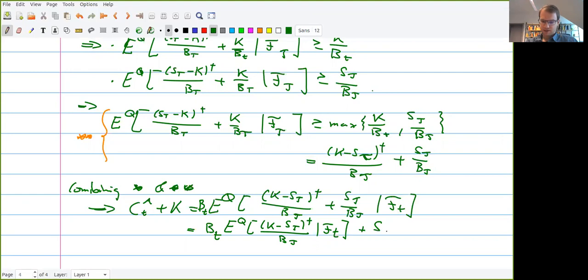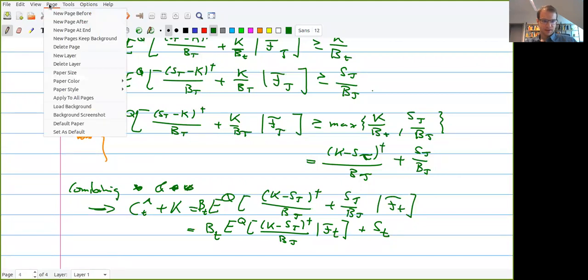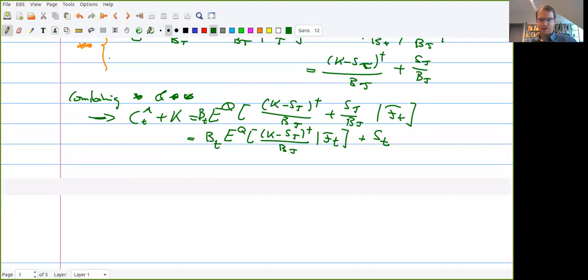Right. And now I recall where we started today in the lecture. Well, this is nothing else than the price of the American put option. So this is the first inequality we wanted to prove.